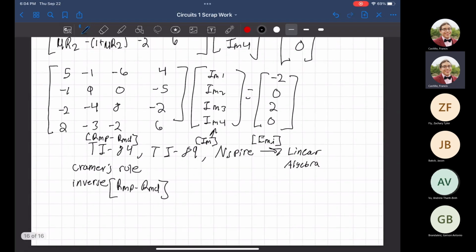And finally, using whatever method you feel like using, because I do not have the time currently to show each and every step, we find our mesh values.